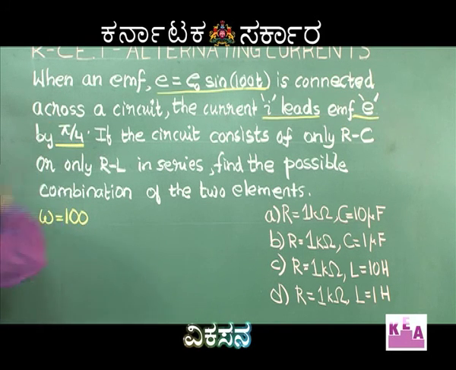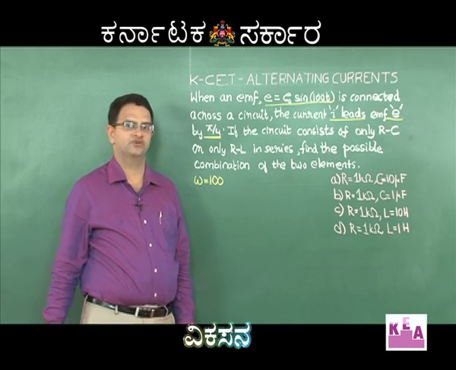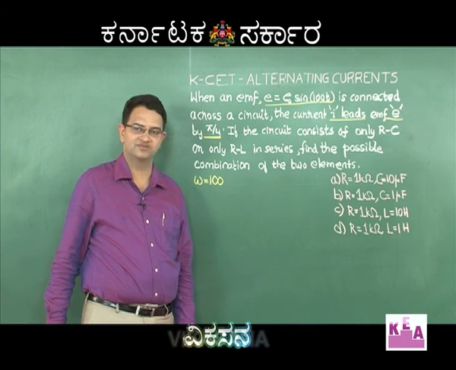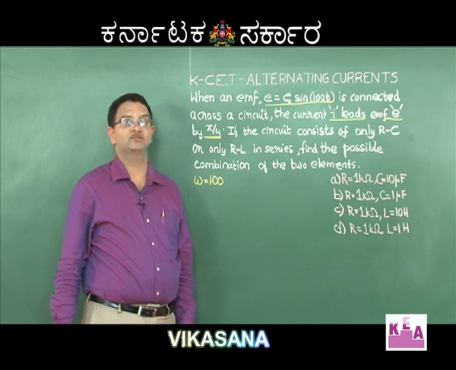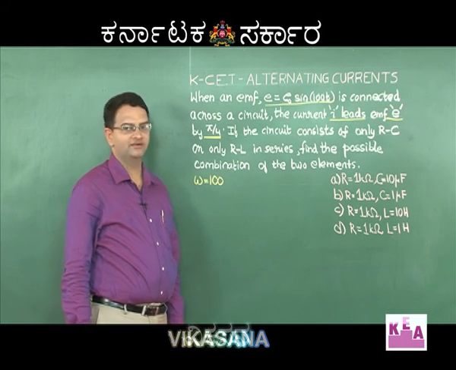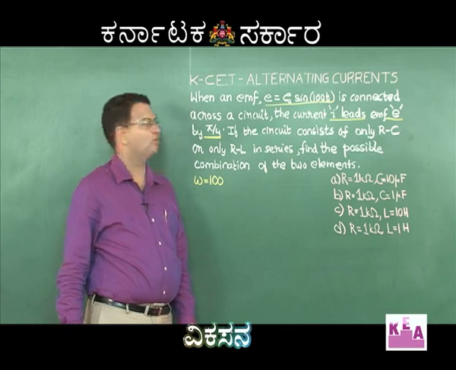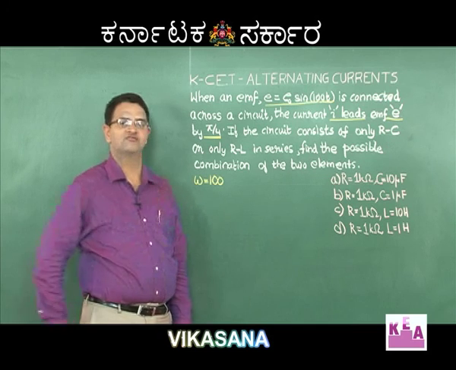If an AC source is connected to a purely capacitive circuit, then of course the current will lead the EMF by pi by 2. But if it is connected in series with a resistor, then it won't lead the EMF by pi by 2, but by a lesser phase angle.